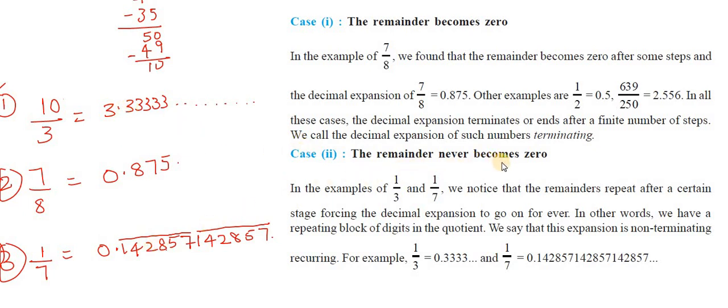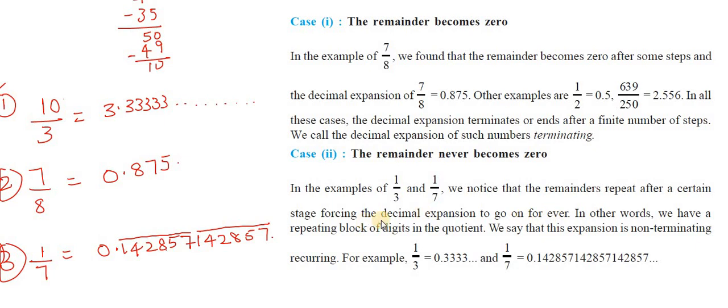Now see the next case, the first example and the last example. The remainder never becomes 0. In the examples 1 by 3 and 1 by 7, we notice that the remainder repeats after a certain stage, forcing the decimal expansion to go on forever.